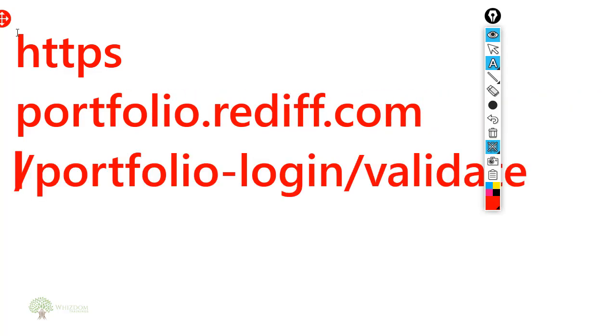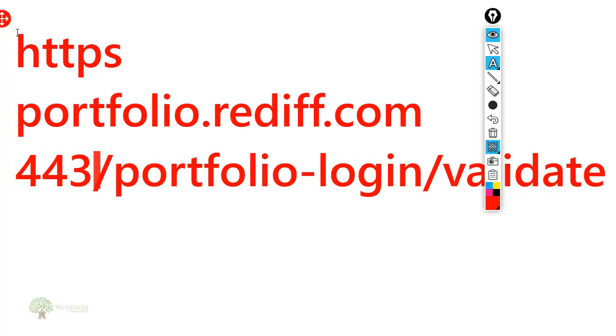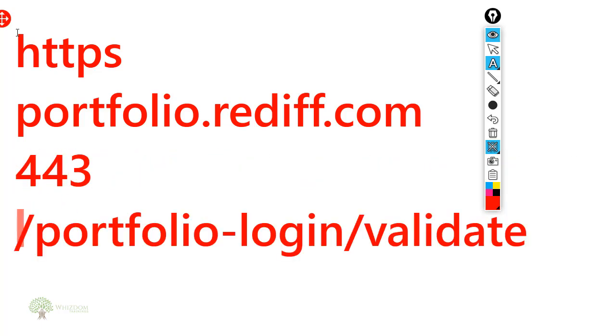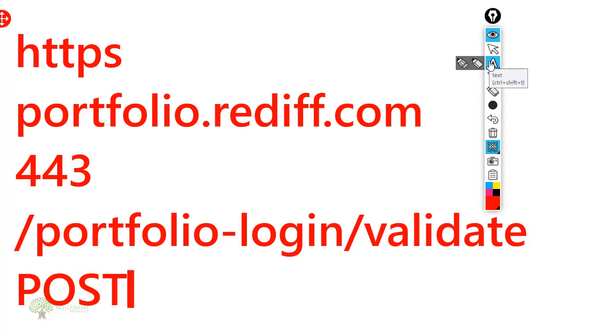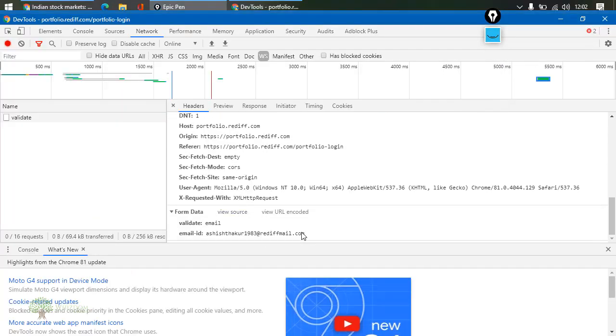Second thing is portfolio.rediff.com. Third thing is 443, which is invisible in this URL. Fourth thing is this path. Fifth thing is the request type, that is POST. And sixth thing is the data. I'm not showing the data over here, but this is the data.